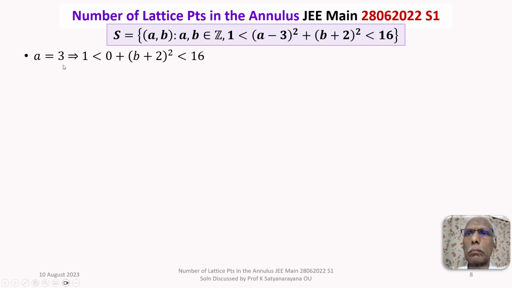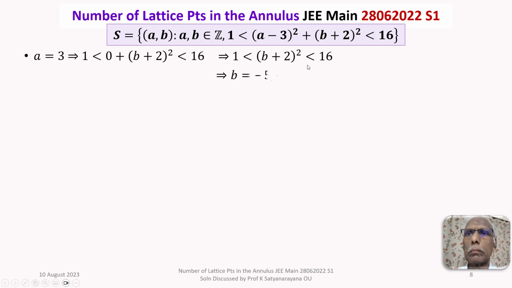Now this will imply 1 less than (b plus 2) square less than 16. This 1 is a positive number. Therefore, it will start from 1 only. There is no question of taking 0 less than or equal to. If this value is a negative integer, then 0 can be included. But it is not. It is starting from 1.